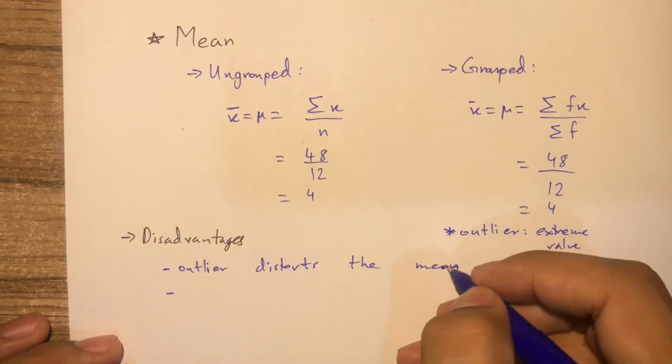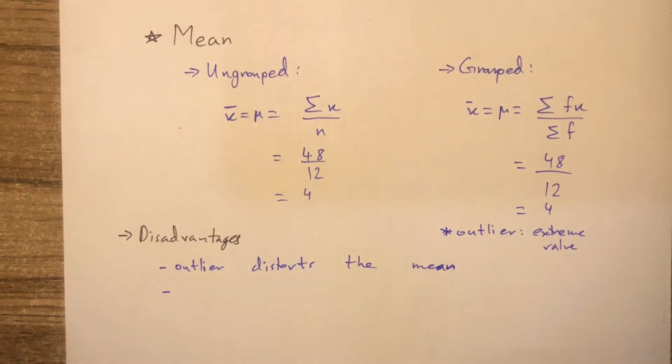Then the second disadvantage is that sometimes, whether the data is consistent or inconsistent, you'll get the same mean, which is why it's not reliable.